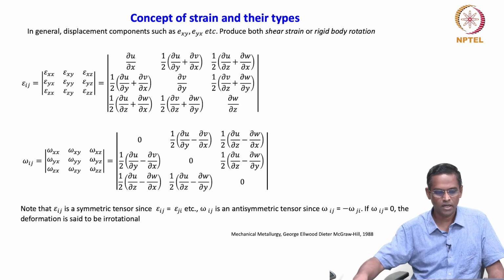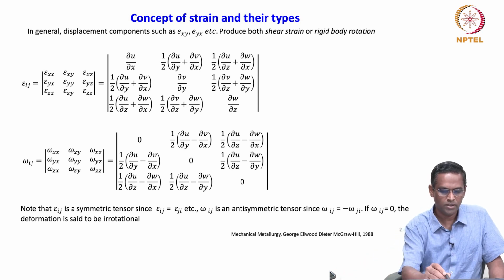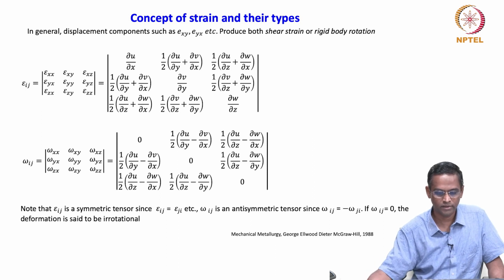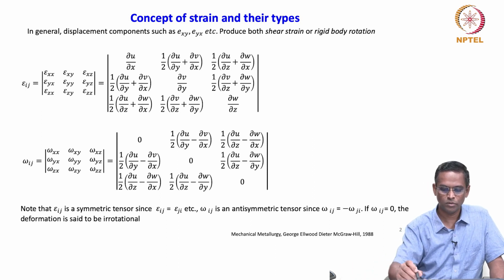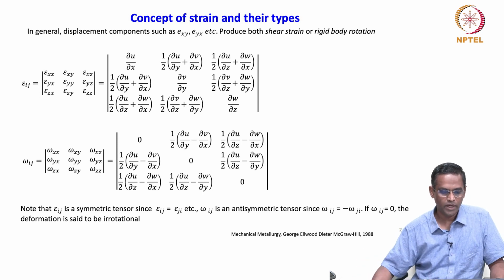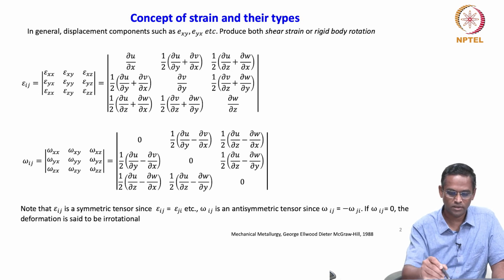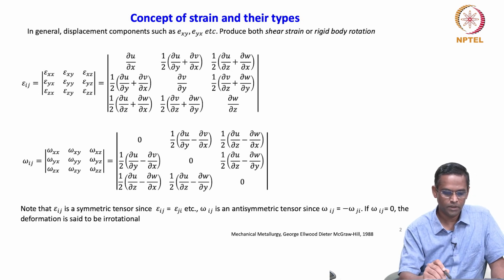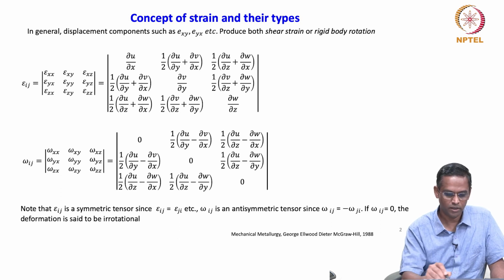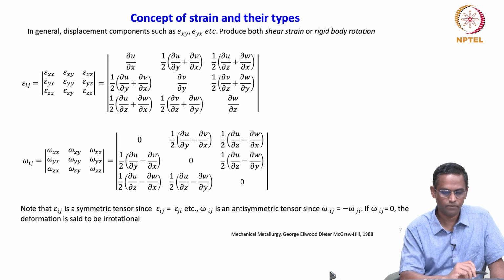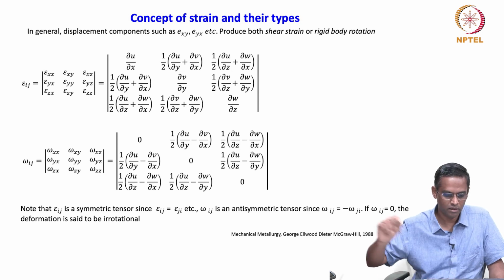So in general, the displacement components such as Exy and Eyx, etc., produce both shear strain and rigid body rotation. So we can replace all this shear component and rotation component into a 3 by 3 matrix. Here it is a shear strain matrix.